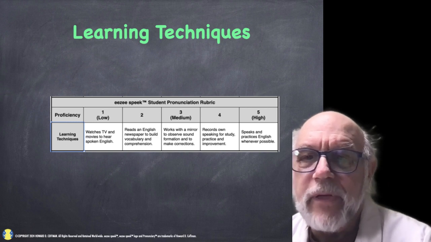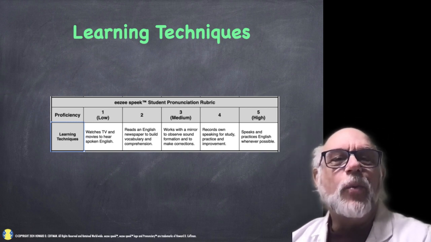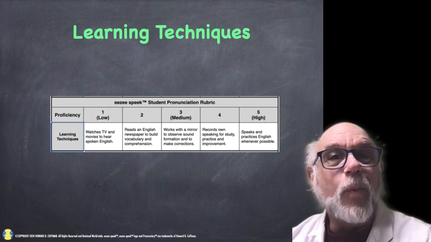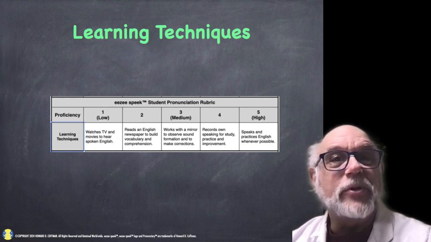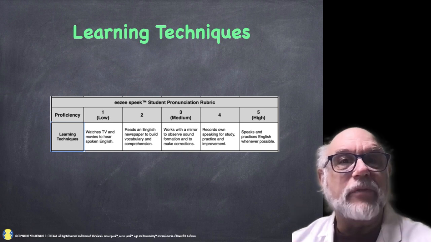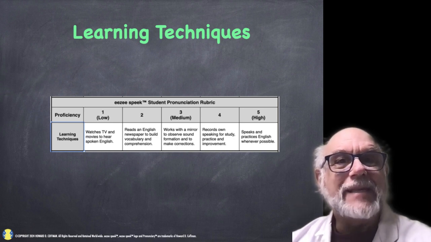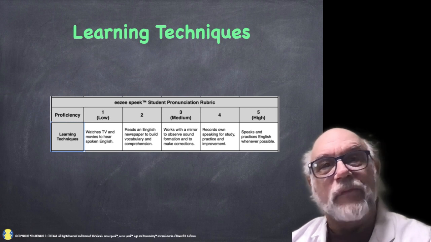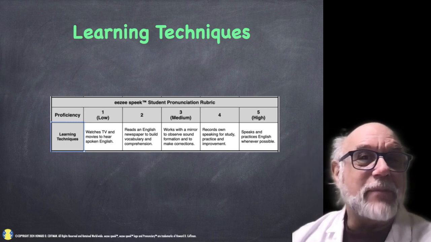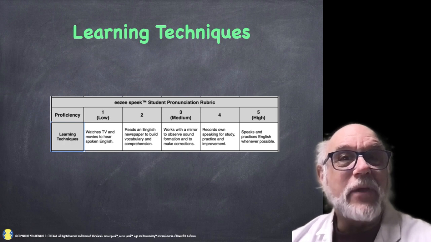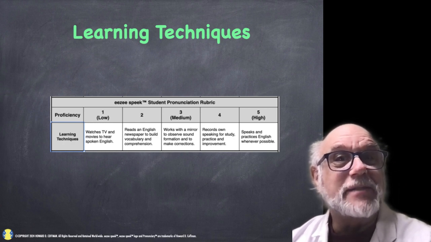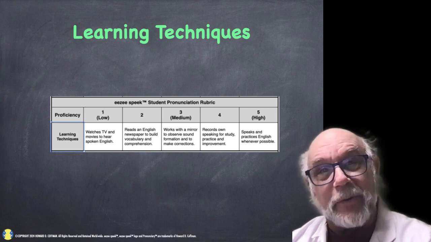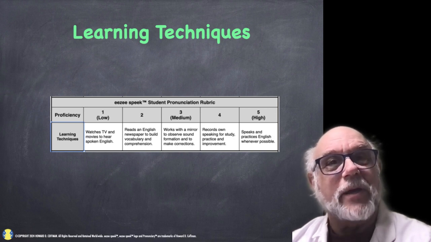This one's a fun one. Work with a mirror so you can see what you say, so you can watch your mouth move and see how you form sounds. I know for guys out there that might be difficult, and there might be some cultural considerations, but if you can get a hold of a small makeup mirror, the ladies out there will know what I'm talking about.